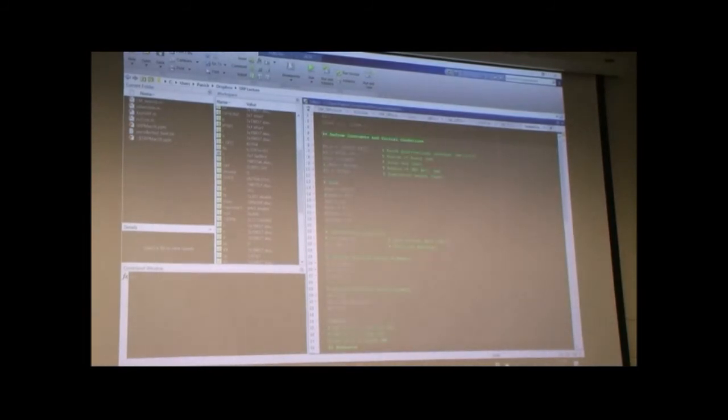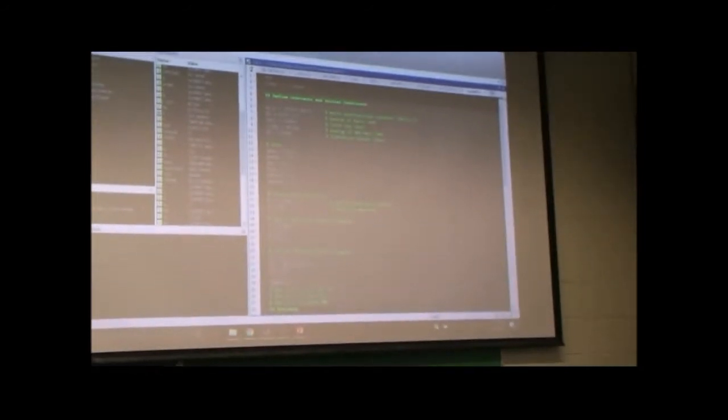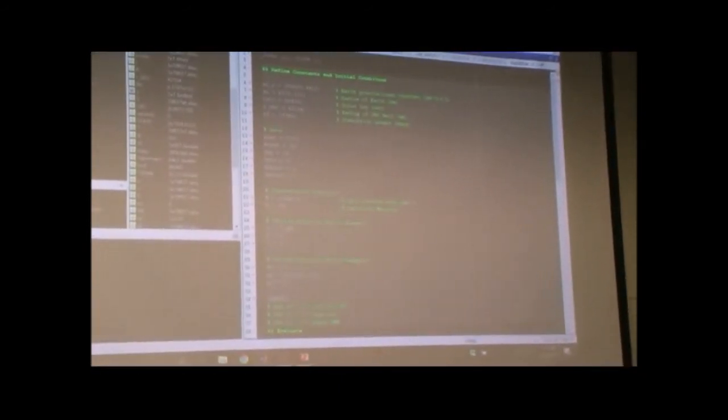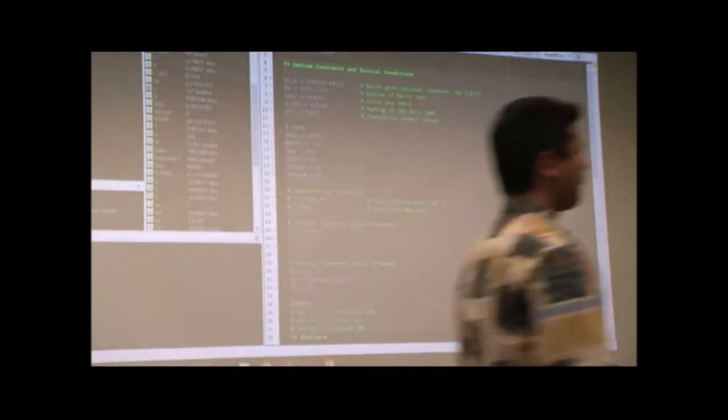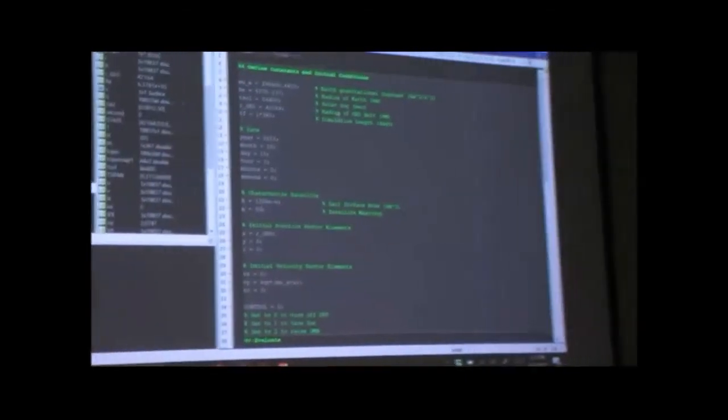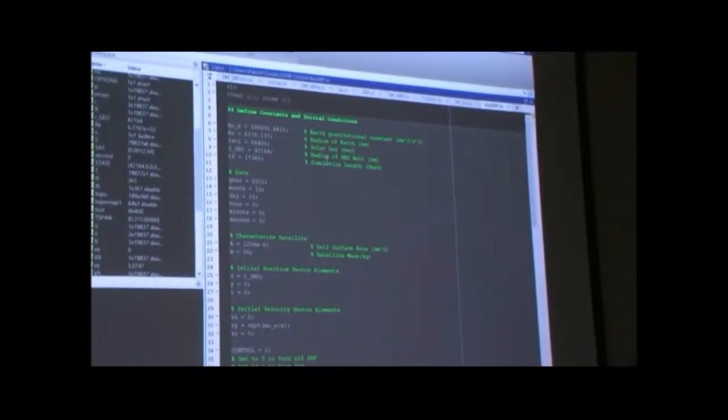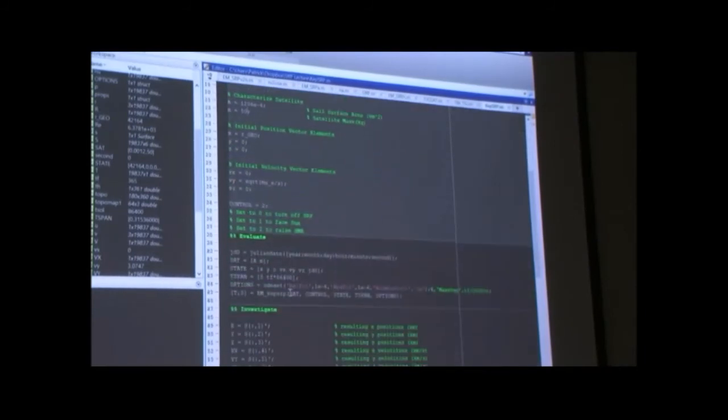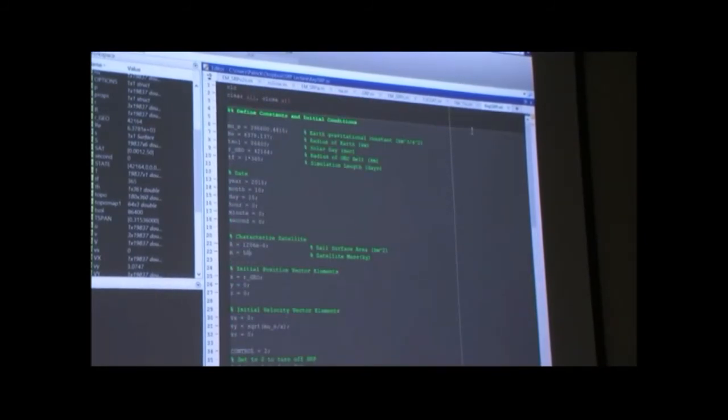Alright, so basically our model is just going to be the two-body equation plus SRP. And I'm going to start this at a pretty high altitude. I'm going to do the geostationary orbit. Okay.